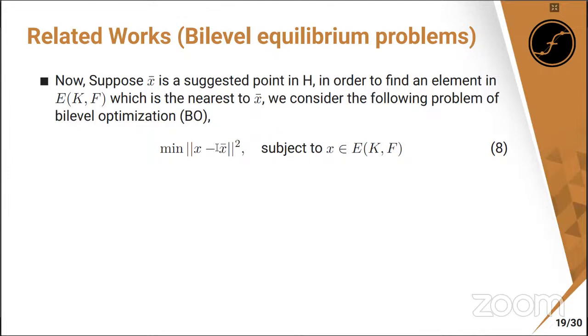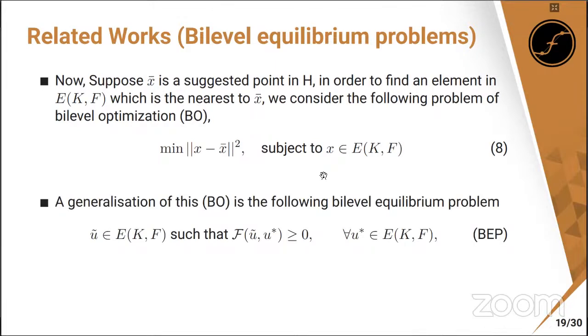Suppose you take a point x bar in H, then the variational optimization problem is the problem of finding a point in the solution set of the equilibrium problem which is closest to the point x bar. So this problem is very important. It has many applications. And one of its generalizations is the main problem we are concerned with, which is the variational equilibrium problem. This one is the generalization of the variational optimization problem.